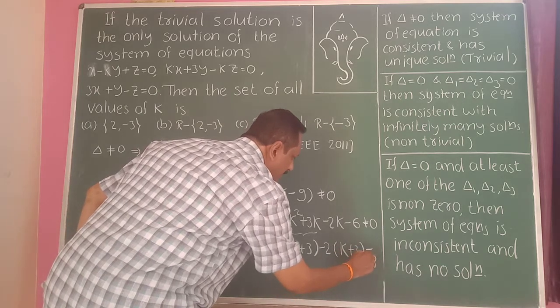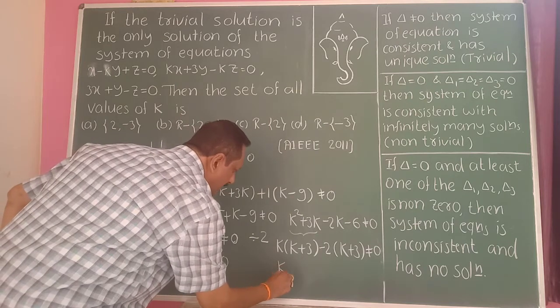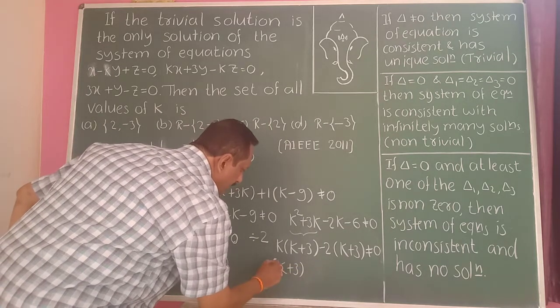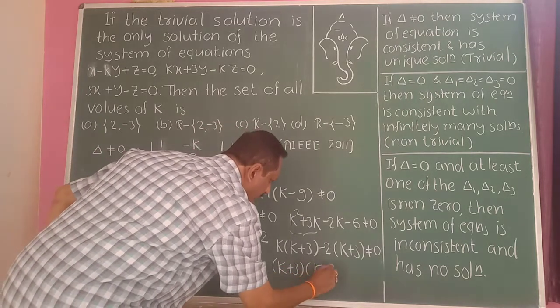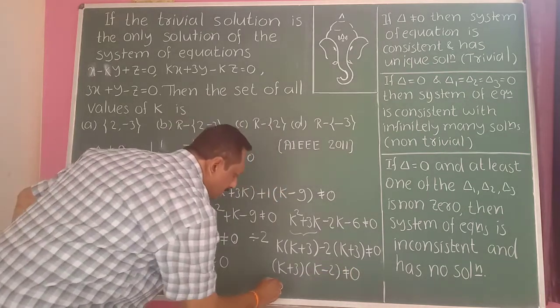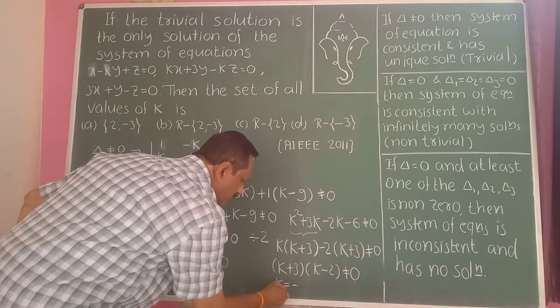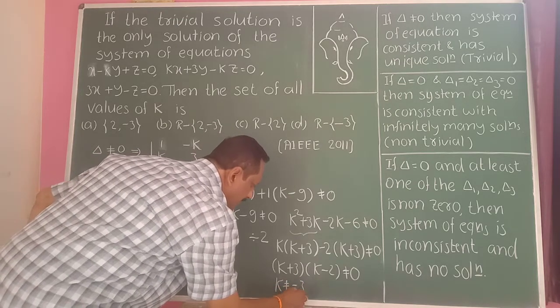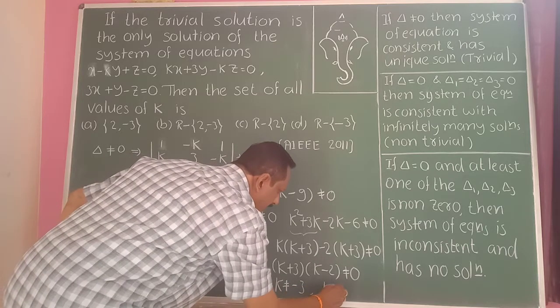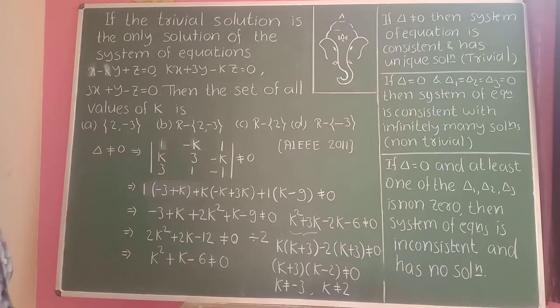K plus 3 not equal to 0. Therefore k plus 3 common here into k minus 2 is not equal to 0. Hence k is not equal to minus 3 and k is not equal to 2.